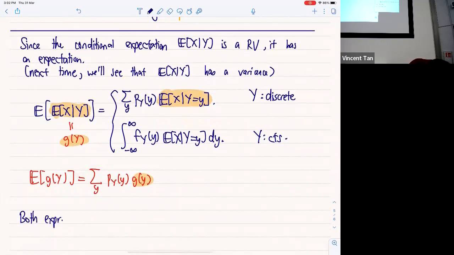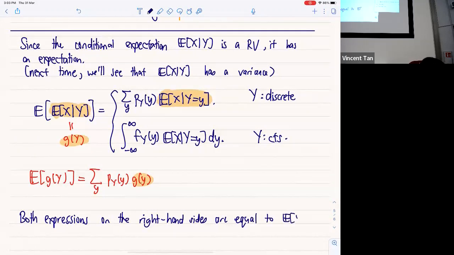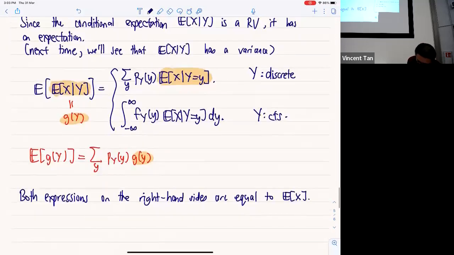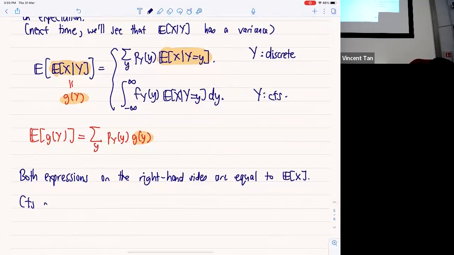Both expressions on the right-hand sides are equal to nothing but the expectation value of x.